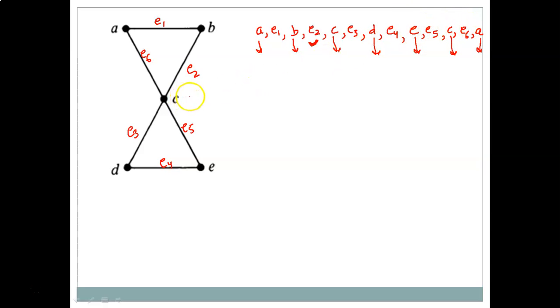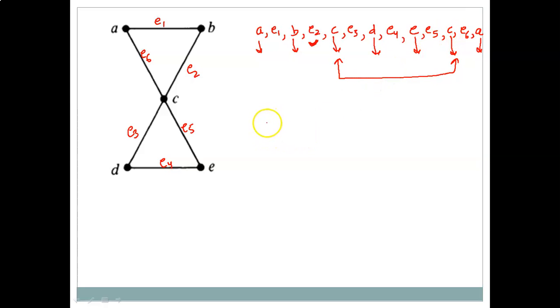But here you can see one vertex is repeated. That means we have traversed through the vertex C twice. Vertex C has been traversed two times, once between E2 and E3, and then again when we have returned, we have again gone through this vertex C.